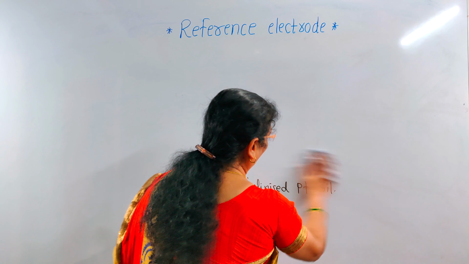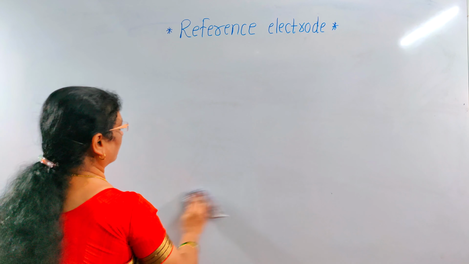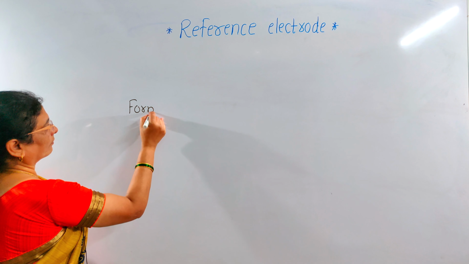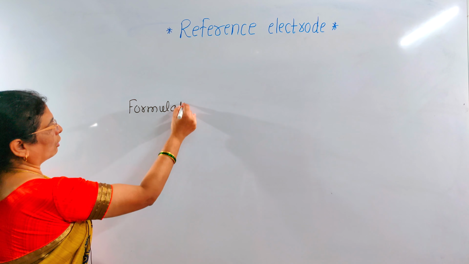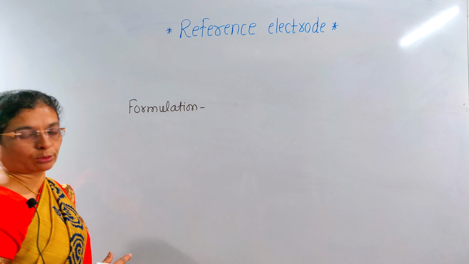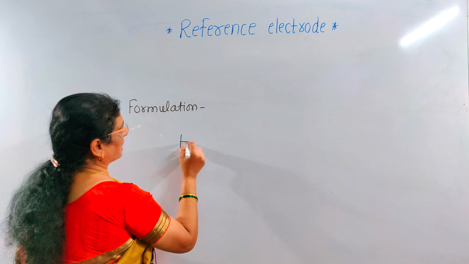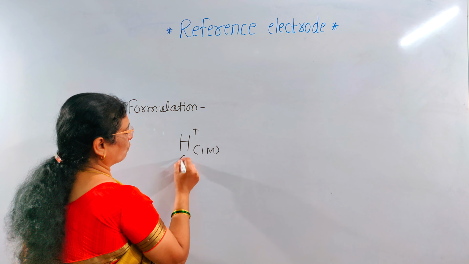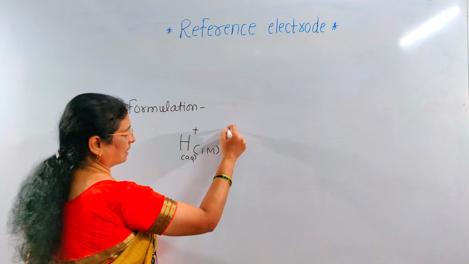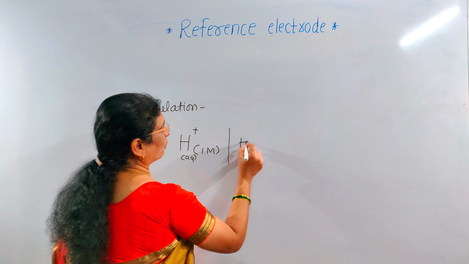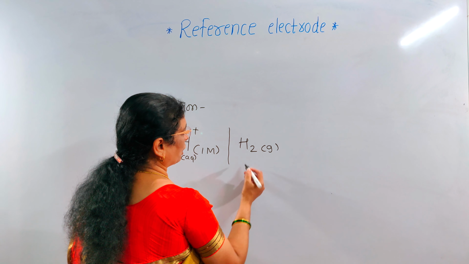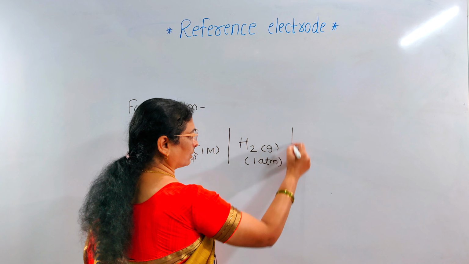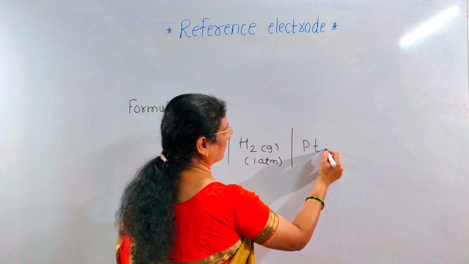Now, how this electrode can be represented? This is called as formulation of the standard hydrogen electrode. Here H plus ions are there. The concentration of H plus ions is 1 molar, aqueous, single vertical line, hydrogen gas, the pressure of hydrogen gas is 1 atmosphere, and this hydrogen gas is in direct contact with platinum.